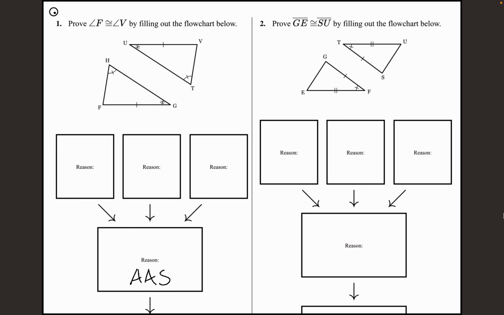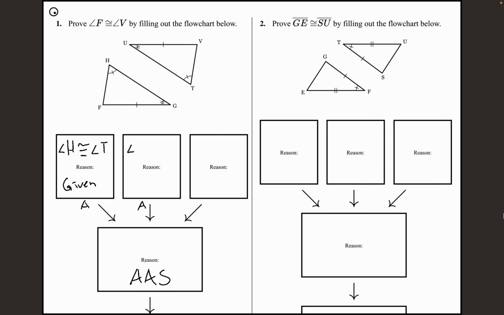So which letter should we start with first? Yeah, we can start with angle H, because that's going to stand for our first A. Angle H is congruent to what? Angle T, and that's given. T's over here on the other triangle. Our next one is going to be an A because that's our next angle. What other two angles are congruent?